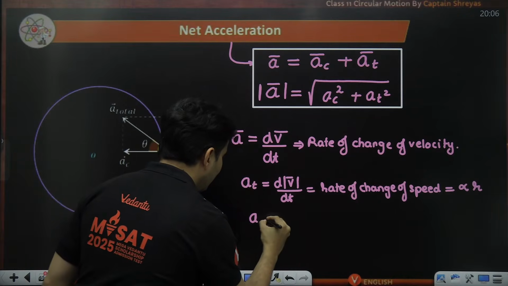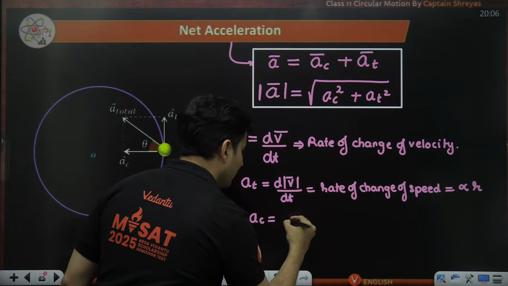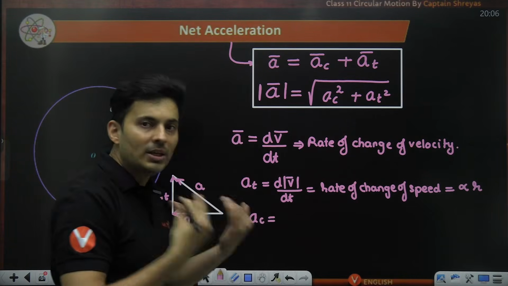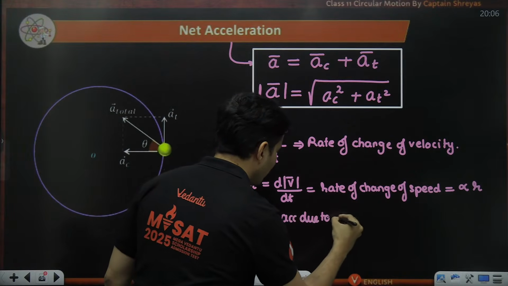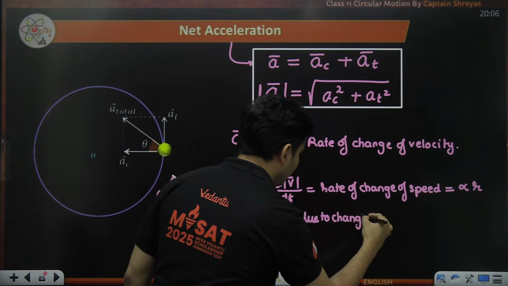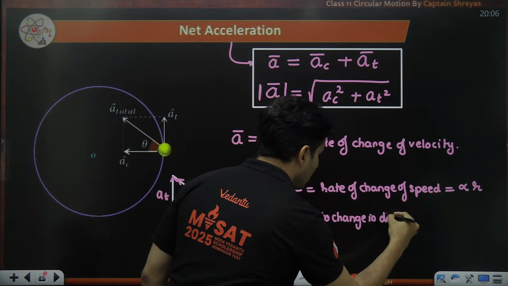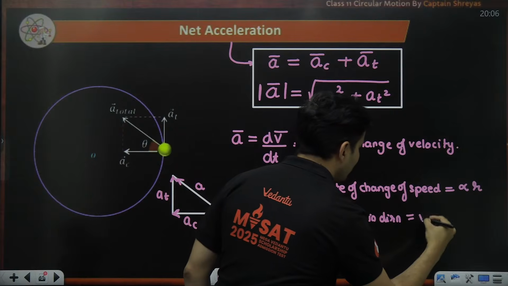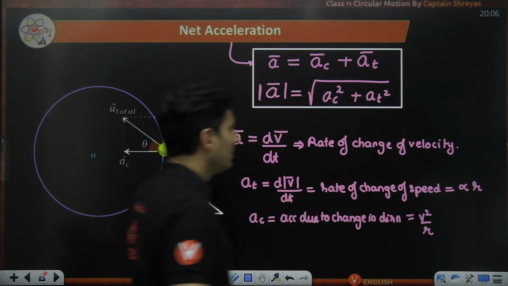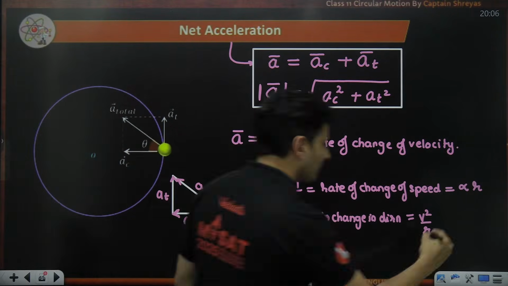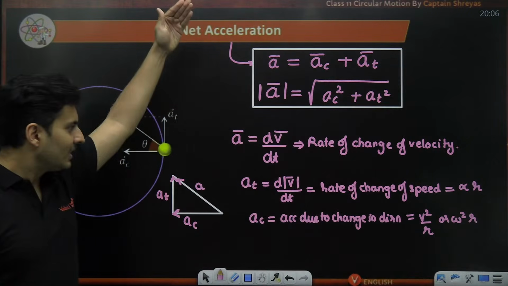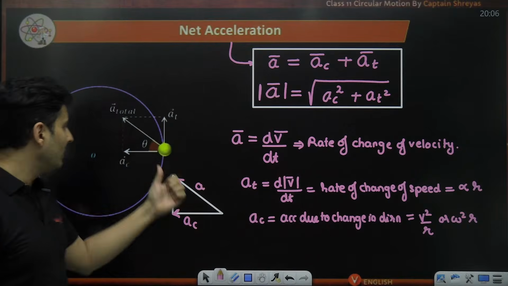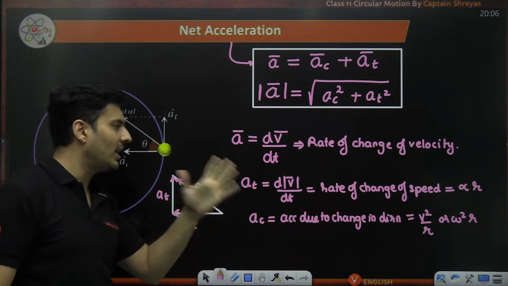And when I write AC, it is the acceleration due to change in direction, and that was v square by r, or omega square into r. So this tells you a clear-cut distinction between centripetal, tangential, and total acceleration.